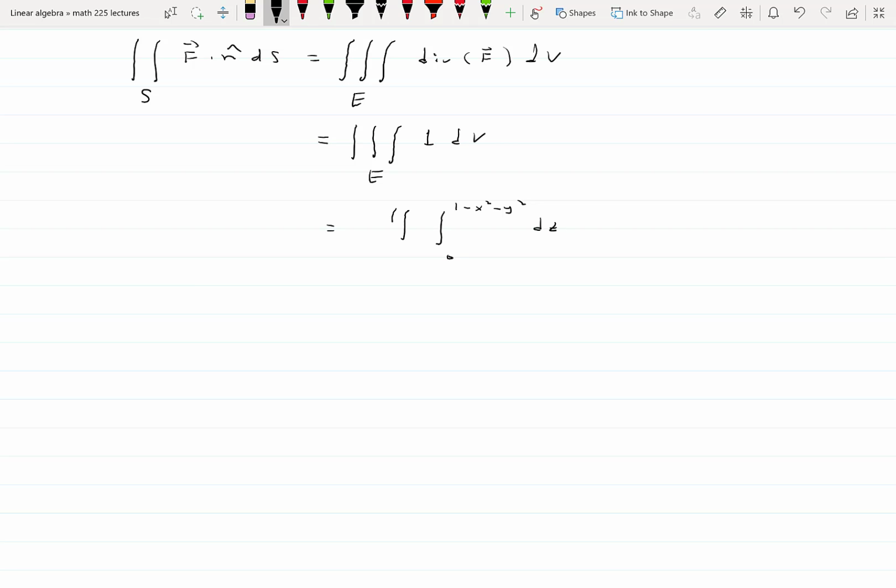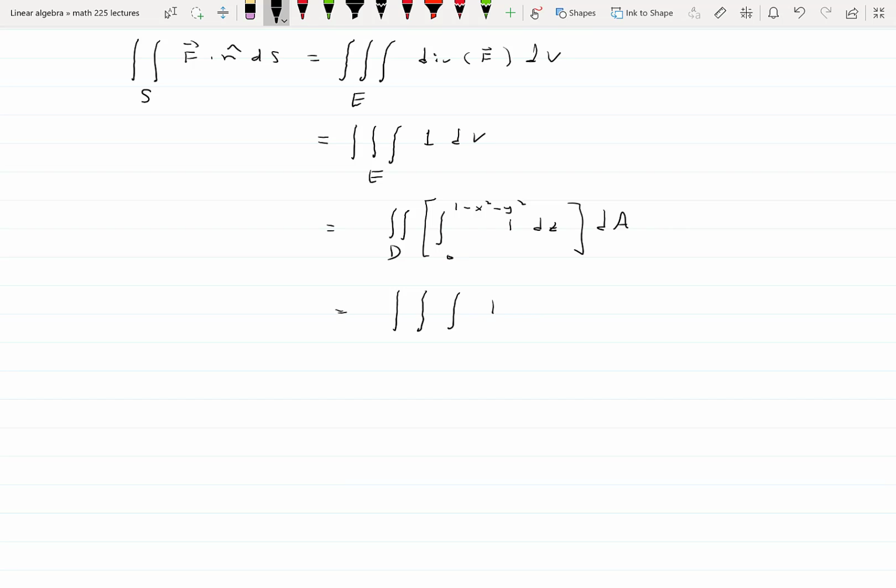and then integrate doubly over the region in the xy plane. But the region in the xy plane is just the disk, x squared plus y squared less than or equal to 1. So I can go directly to polar to compute ultimately this triple integral.